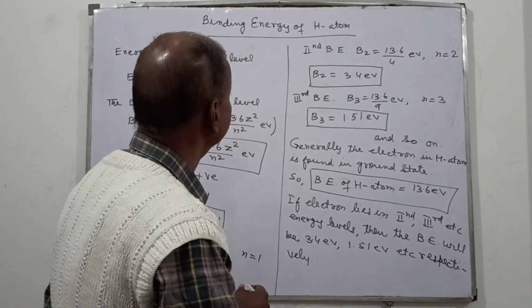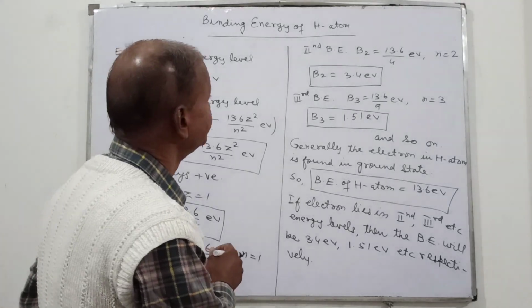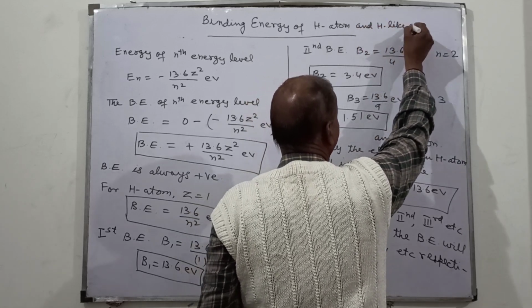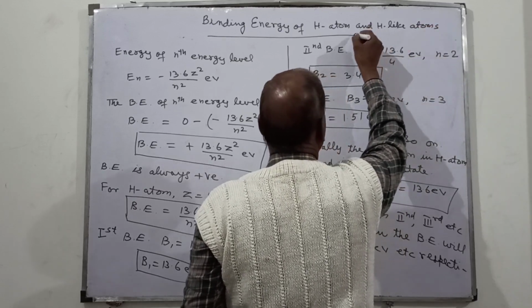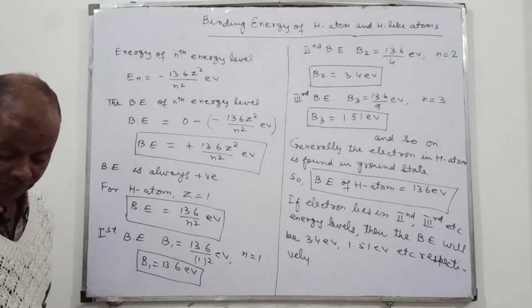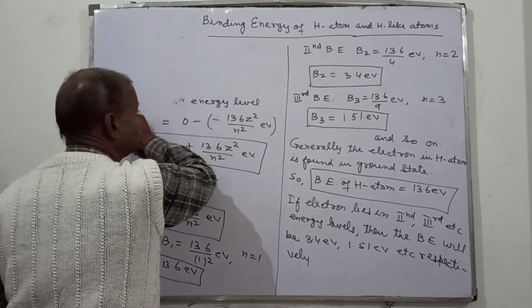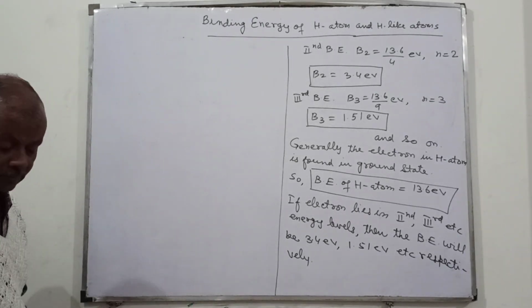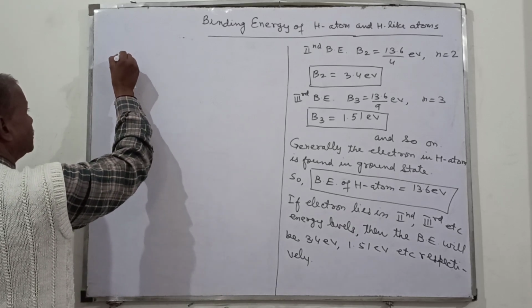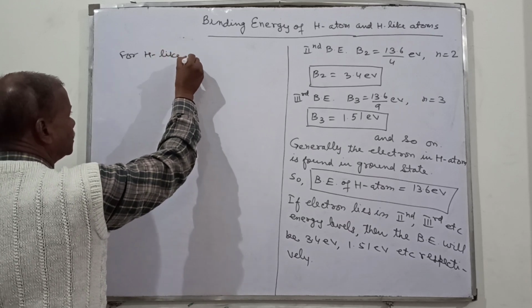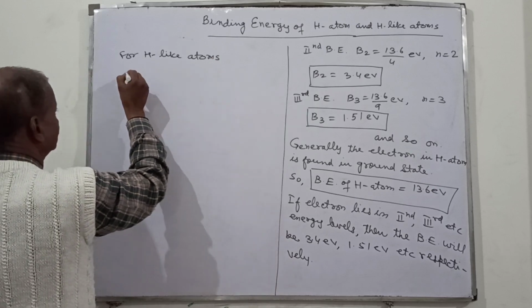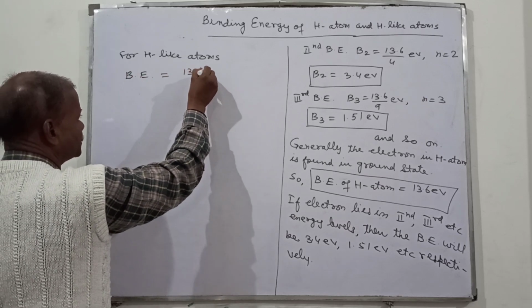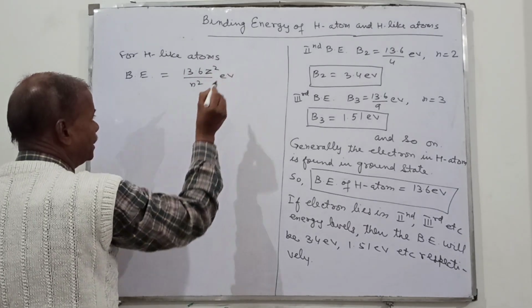So for hydrogen-like atoms, the binding energy is equal to 13.6 Z square upon N square electron volt.